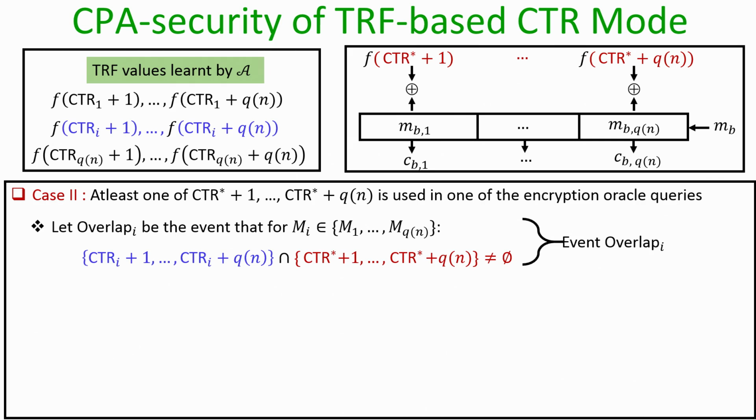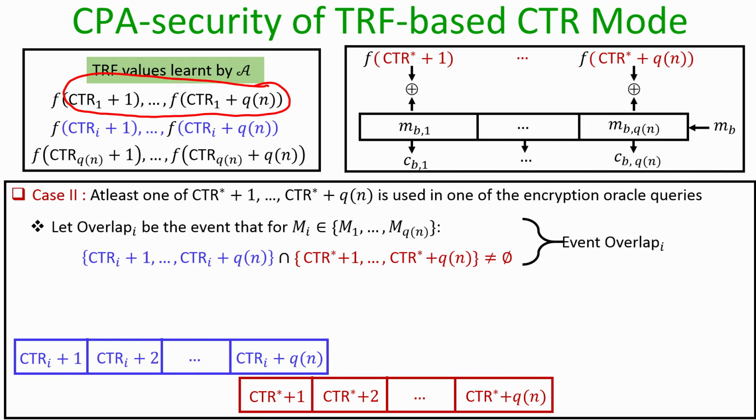So, that is what overlap I means. Overlap 1 means the counter values used for encrypting the blocks of the first encryption oracle query get overlapped with the counter values used for encrypting the message block MB, and so on.